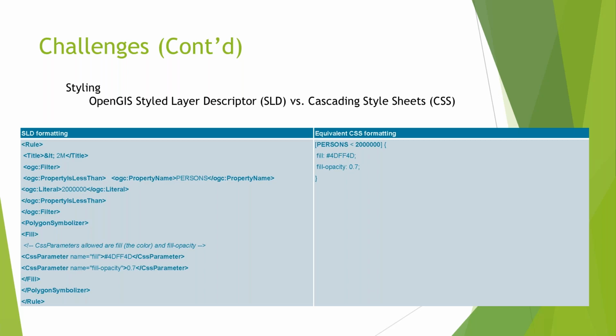Over on the right is the equivalent CSS formatting, which is cascading style sheets. It's literally only 4 lines of code, and you could probably reduce that down to even 3 lines. When you start styling large data sets, it became very obvious real quick that we needed to be using the CSS formatting instead of the SLD formatting.